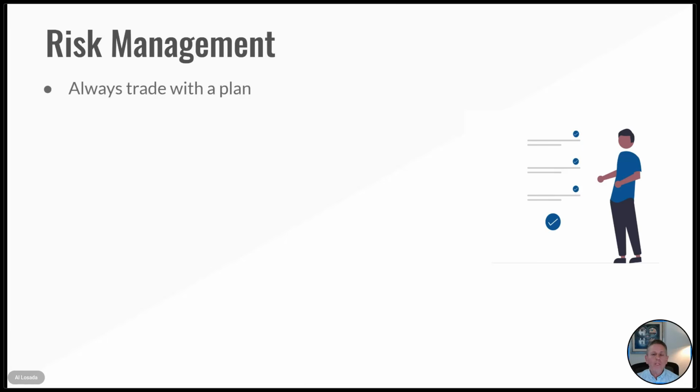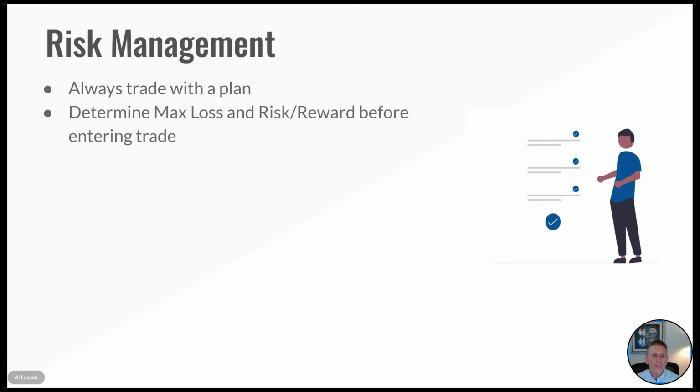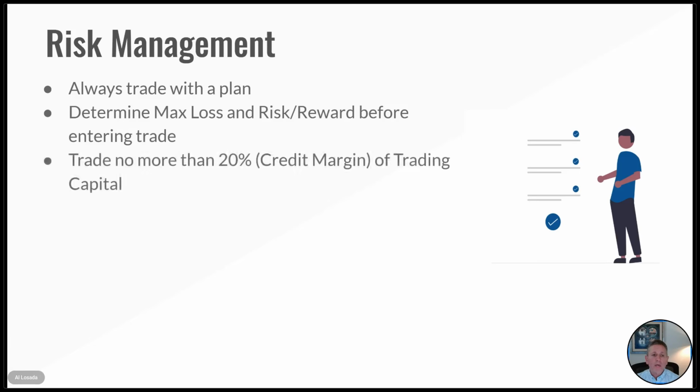So risk management: always trade with a plan. And I always say that because it's really, really important. So you gear up and make sure that you have a good plan for placing these trades, right? Determine the max loss and risk reward before entering a trade. Trade no more than 20% of your capital at risk.